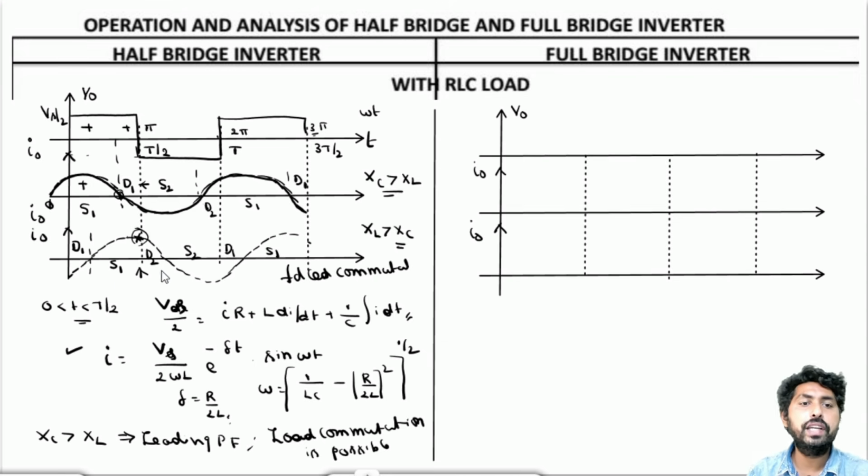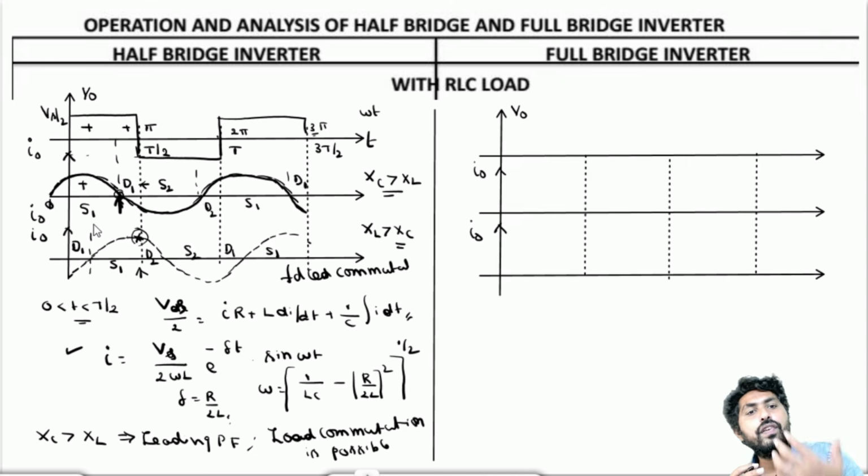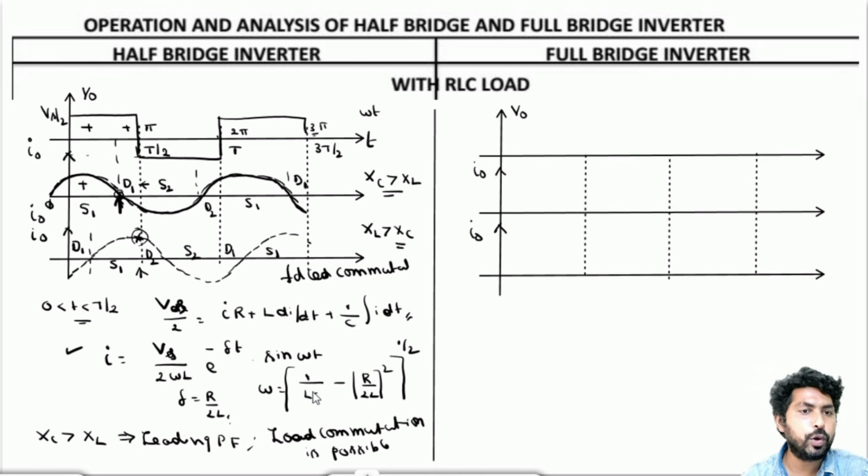If you observe here, after turn off of S1, the circuit turn off time is always greater than the device turn off time for proper commutation. The circuit turn off time is nothing but the period during which we apply the reverse voltage across the device, that is S1.